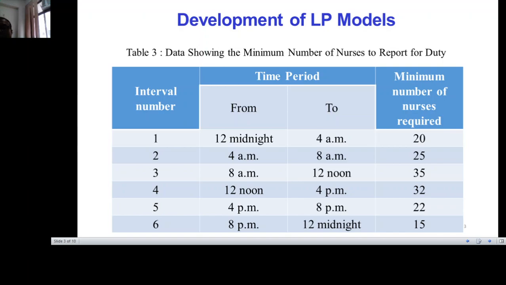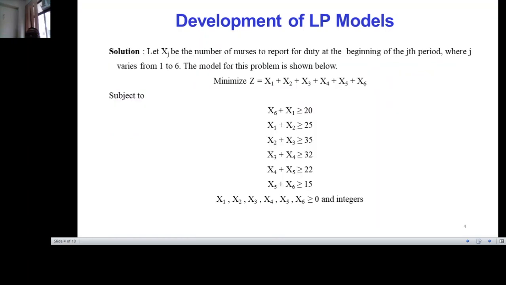This is the non-negativity constraint, and they all have to be integers, because obviously you can understand that nurses cannot come in pieces. It has to be a full number, integer. You cannot have 1.5 nurse, 1 and 1/3 nurse. So it has to be integer, and it has to be positive number, not negative number.